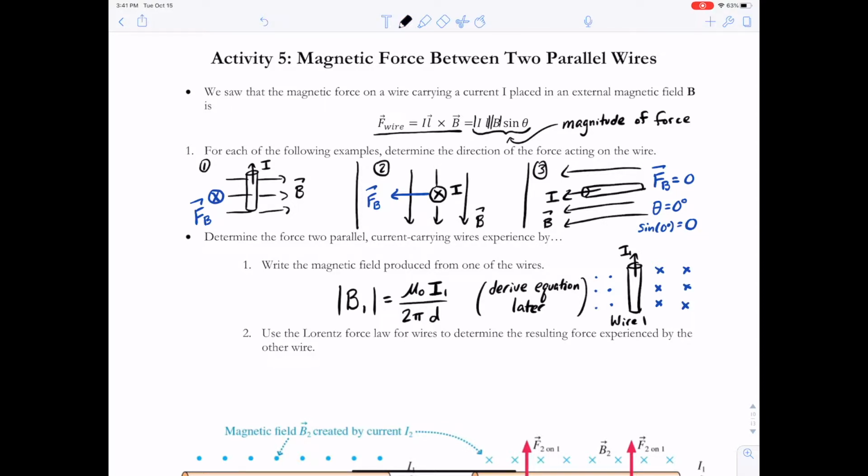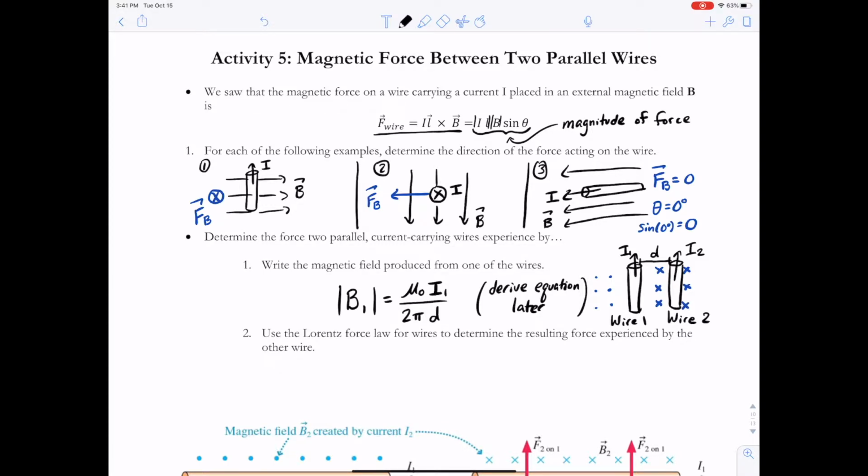Now suppose we have a second wire, wire 2, and we place this wire some distance, d, away from wire 1. What happens? Well, let's assume wire 2 also carries some current, I2, and we know that if we have a wire that carries a current and it's placed in a magnetic field, a force will occur.